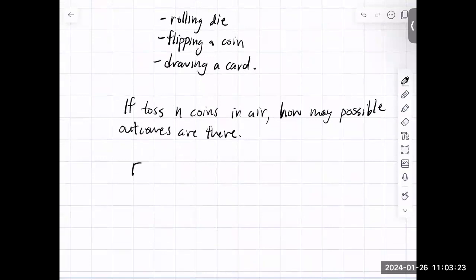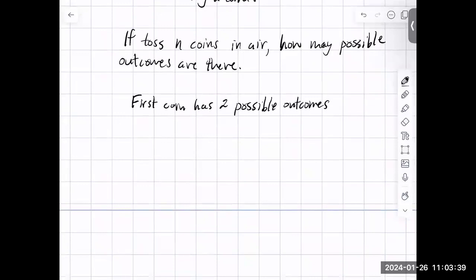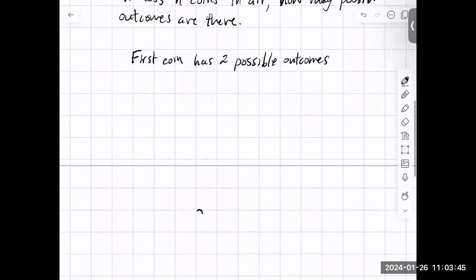So the first coin has two possible outcomes. I'm going to make a little table. That first coin that hits the ground is a 0 or a 1, and so the number of possible outcomes is 2.